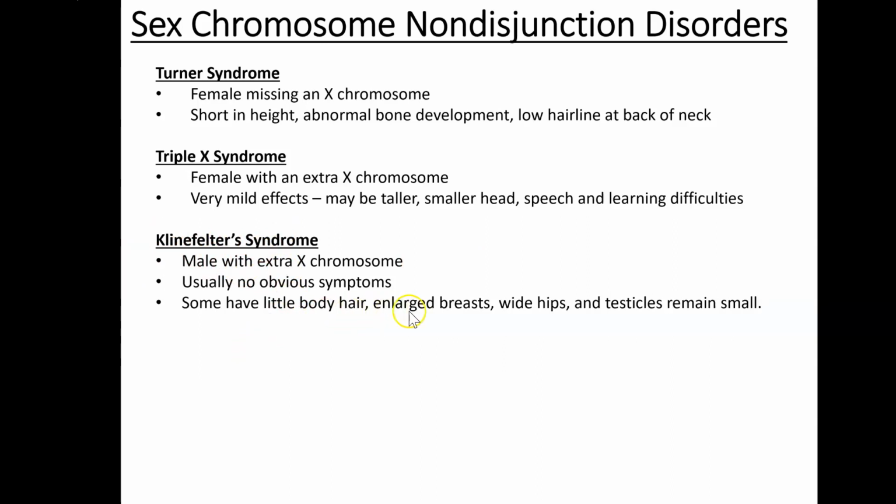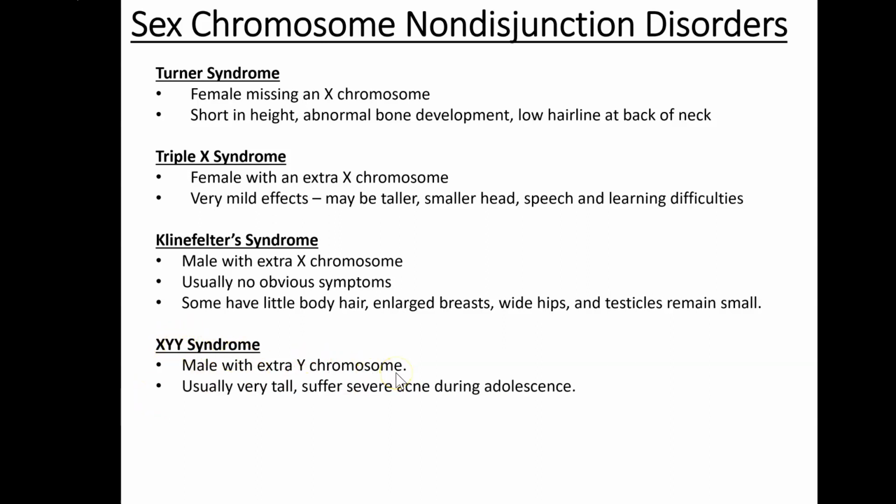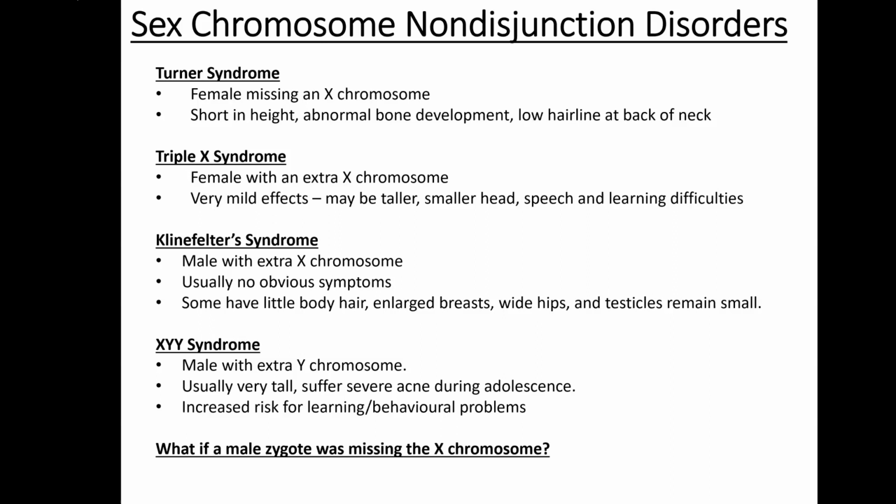Some will have little body hair, enlarged breasts, and wide hips, and the testicles remain small because of that extra X chromosome. Then you have XYY syndrome, where the male has two Y chromosomes instead of one. Usually they are much taller, suffer severe acne during adolescence, and have an increased risk for learning or behavioral problems.